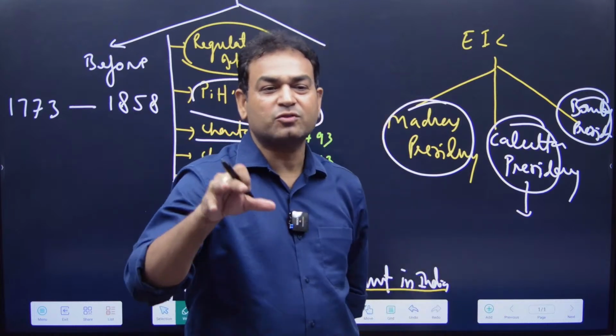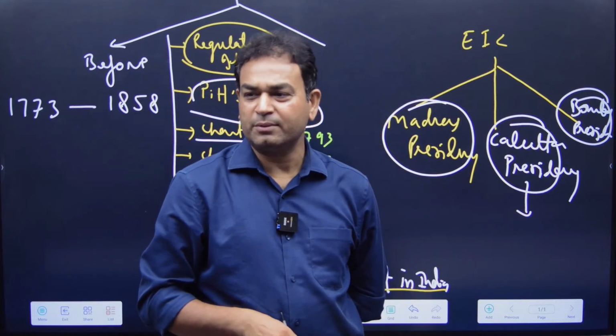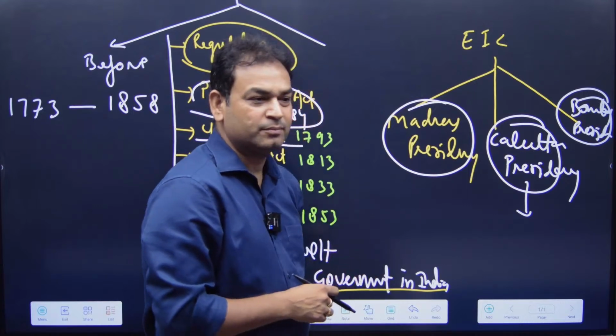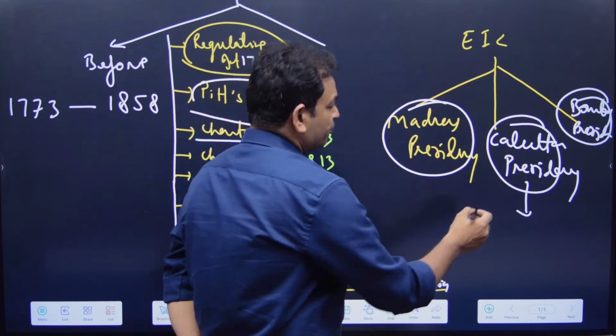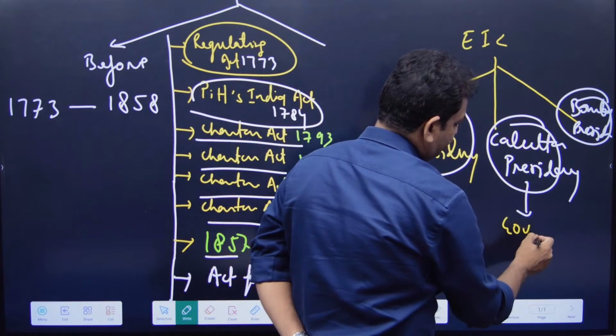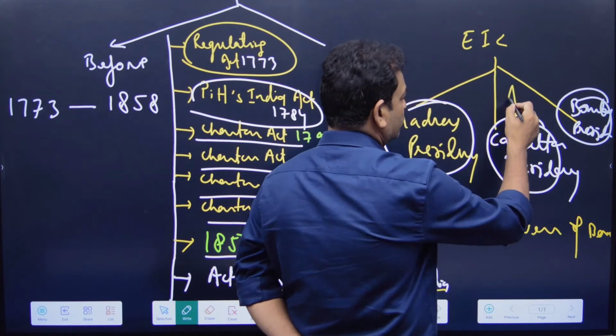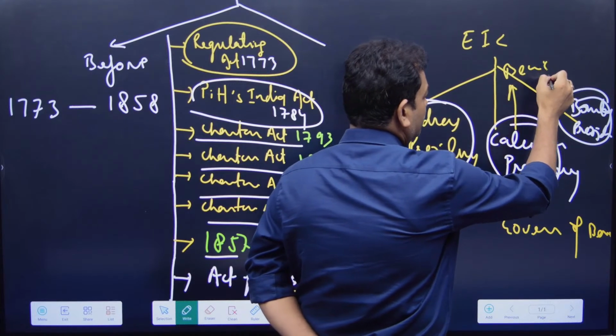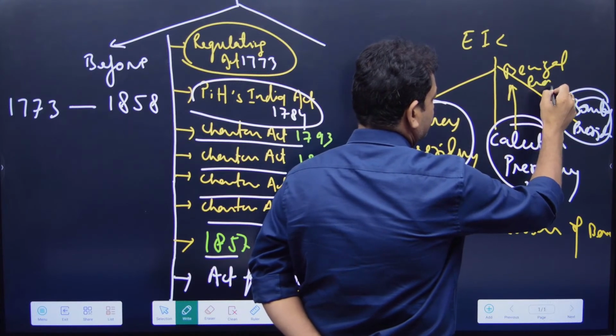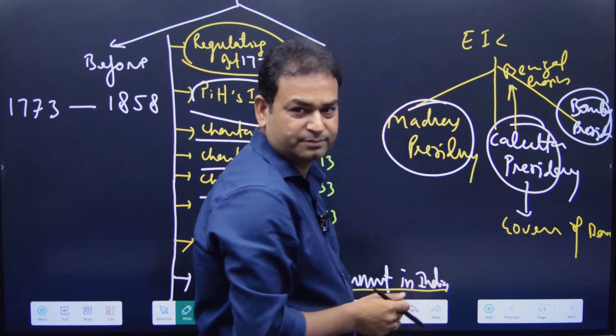A centralized system was introduced. First time a centralized system was introduced when the governor of Bengal, this presidency was known as Bengal Presidency, headquartered in Calcutta.